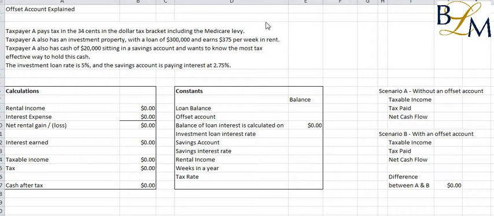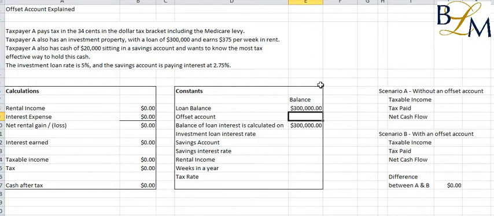So scenario A is basically going to have these inputs. I've got two tables down here. One is the calculations, which will show us the net after-tax cash flow, and we'll enter the constants of the scenario into this constants box, which will populate and do our calculations for us. So as per the facts of the scenario, the loan balance is $300,000.